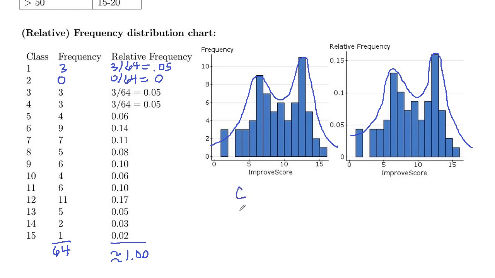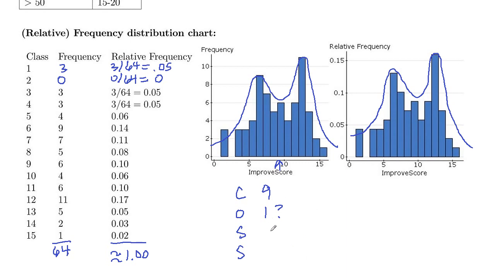So the center of the data, I would gauge the center of the data about right here, approximately 9. Outliers, well, we have a gap here, so possible outliers at 1. So put a question mark there. 1, the 3 ones are possible outliers.